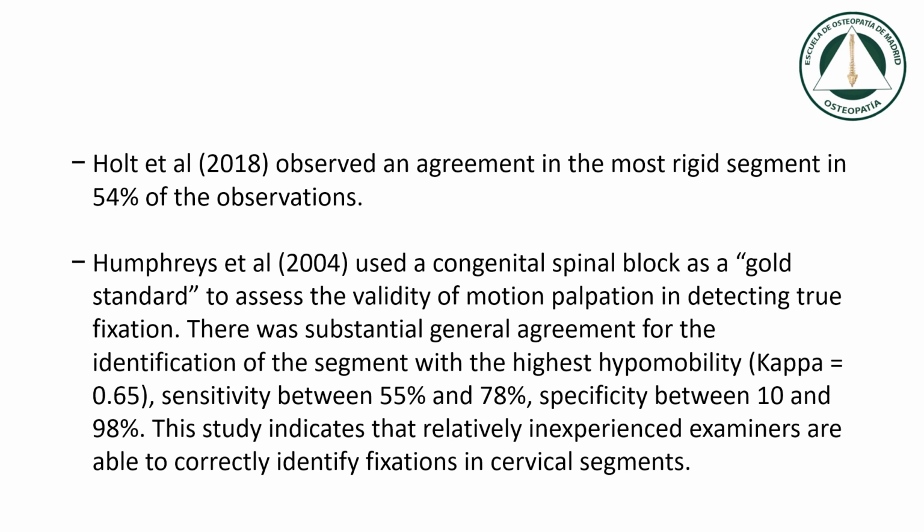There was substantial general agreement for the identification of the segment with the highest hypermobility, kappa equals 0.65, sensitivity between 55% and 78%, specificity between 10 and 98%. This study indicates that relatively inexperienced examiners can correctly identify fixations in cervical segments.